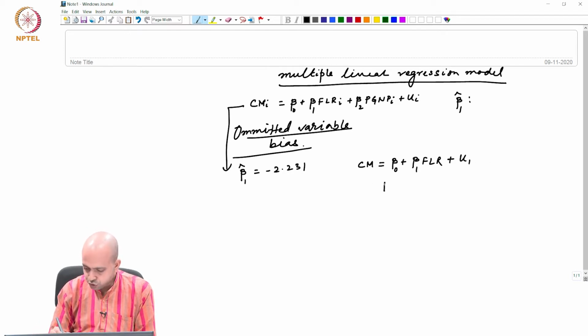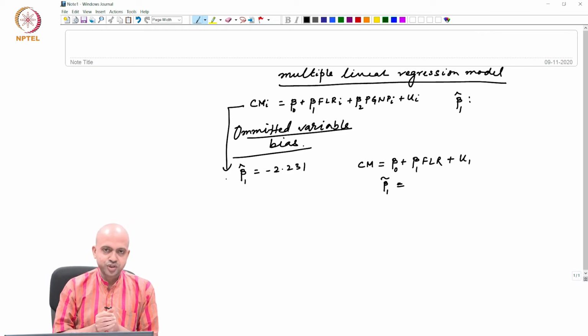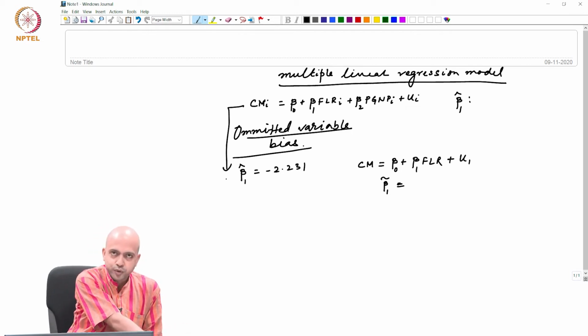From this model the estimated coefficient we will call beta 1 tilde, as we have mentioned theoretically also. We will see the value of beta 1 tilde, and then we will examine whether beta 1 tilde is actually equal to beta 1 hat or not. If they are equal, then we will say that there is no bias involved, right.